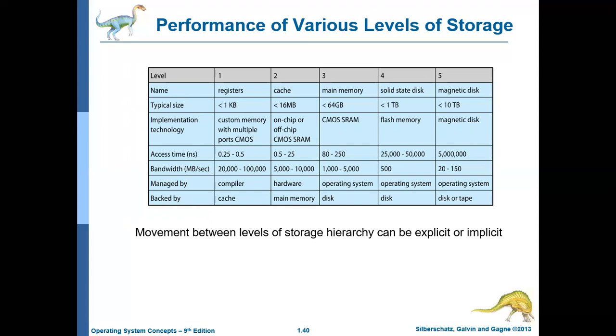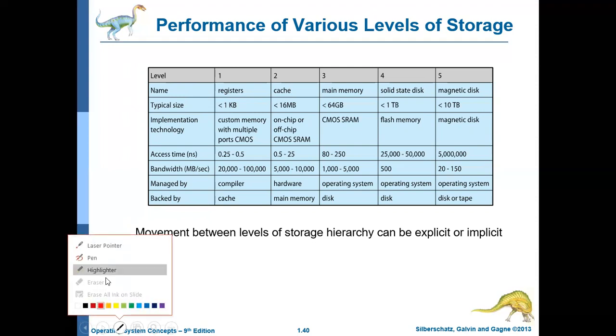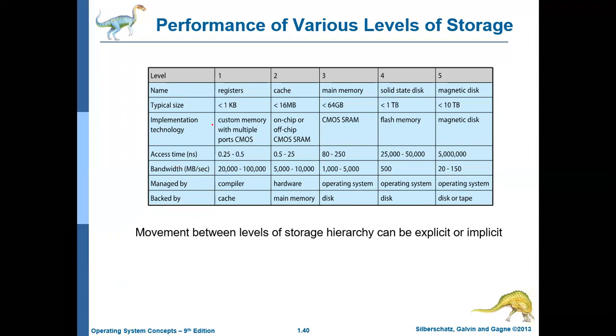But considering the memory hierarchy or storage hierarchy, there are different levels of storage. First, we have registers, which are placed inside the CPU. Then we have cache memory. There are two types of cache memory: internal cache and external cache.